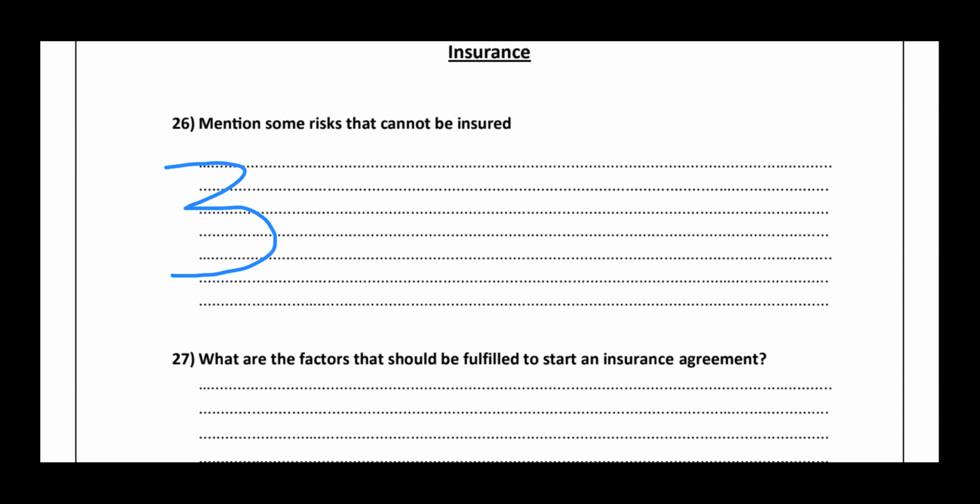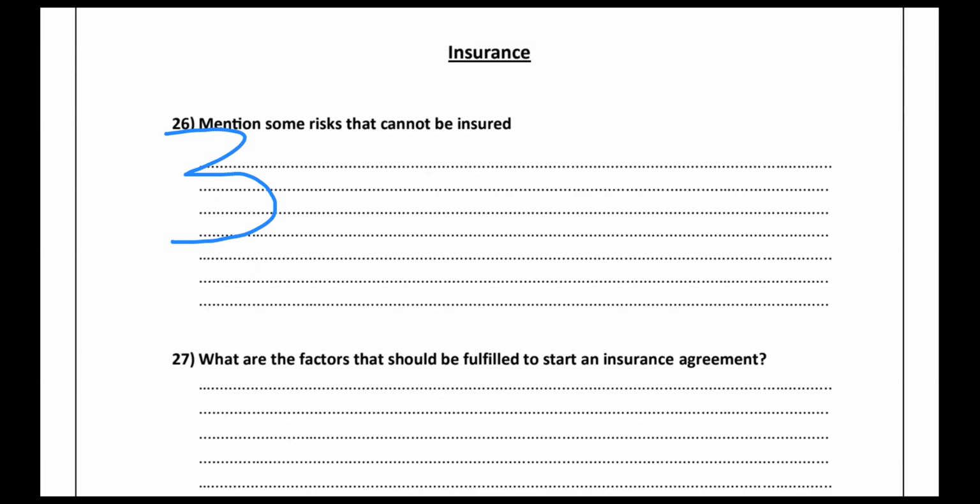Okay. And next we have the second party. So the second party is the insurer. Who is the second party? The insurer. So this insurer is simply the insurance company, right? The company who is undertaking to compensate those losses.